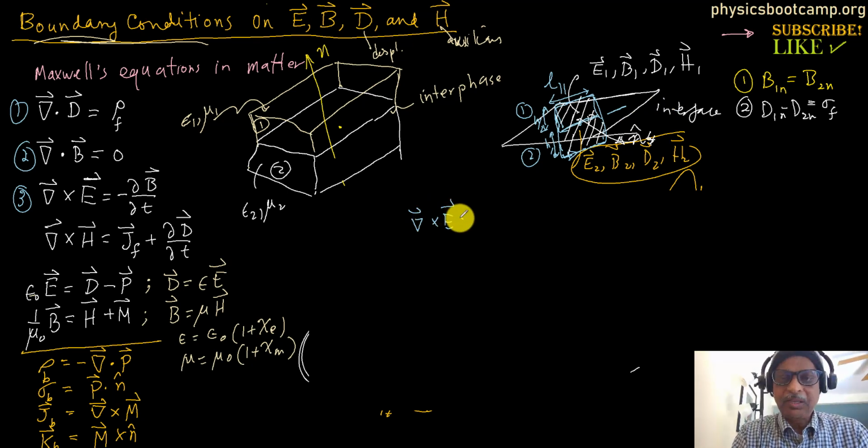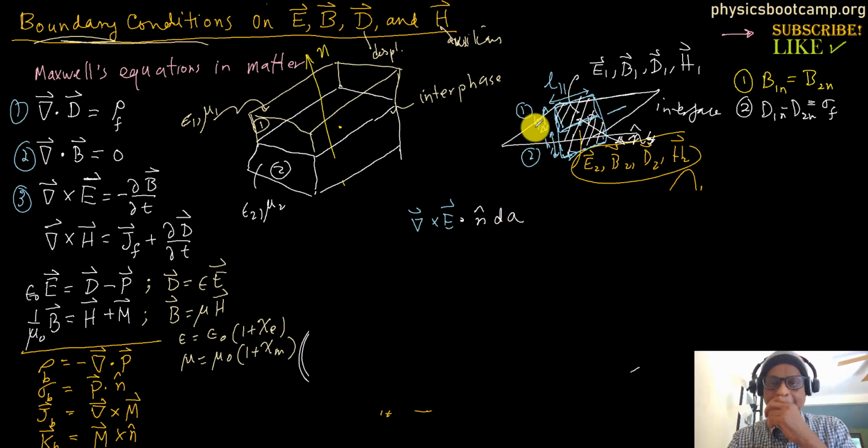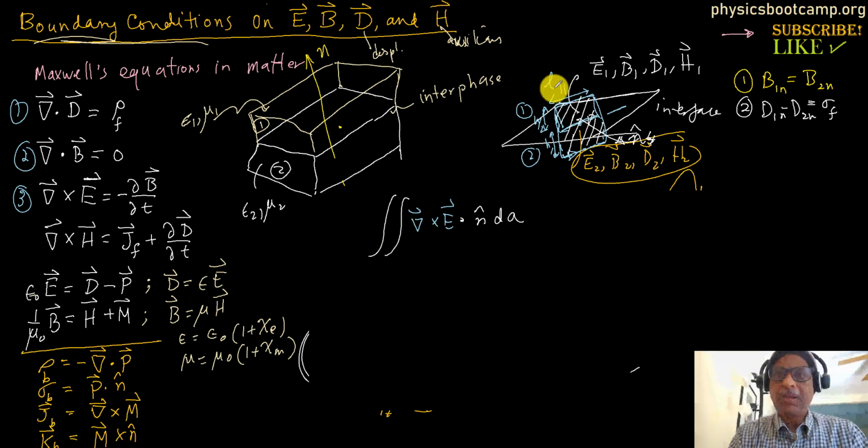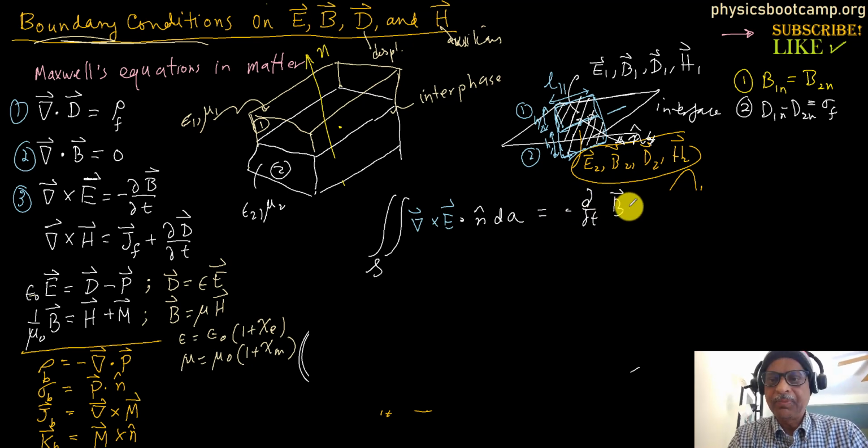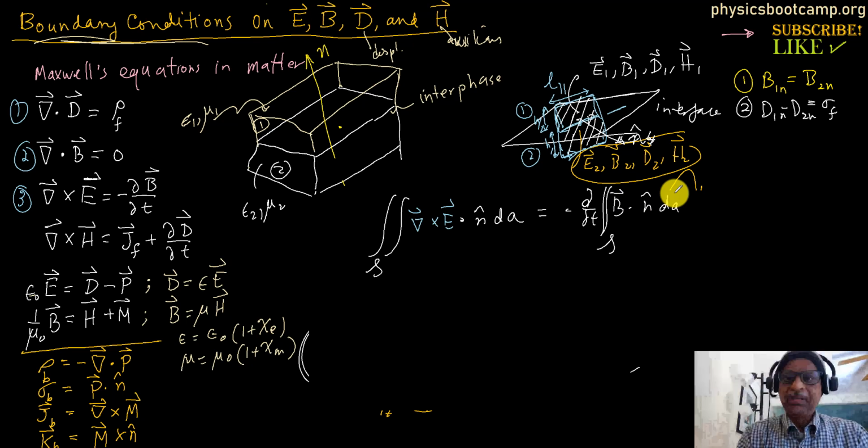Then del cross E dot n hat dS. This is an oriented area, and this is an open area, so this surface is an open surface, unlike the earlier one. And on the right side is d/dt of B dot n hat dA, and I do the same thing over here. So this will be like a flux going through here.